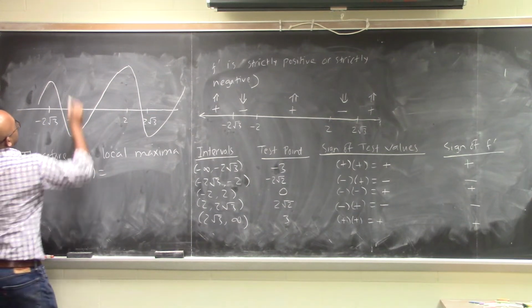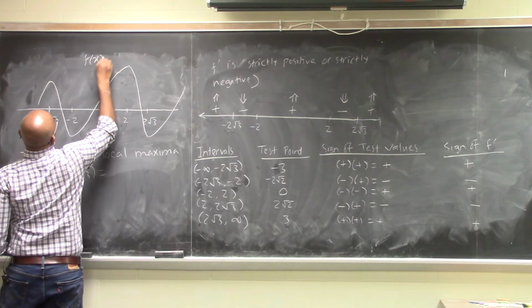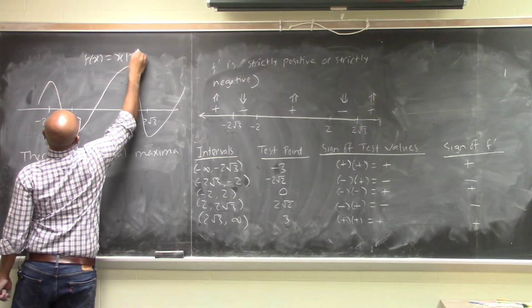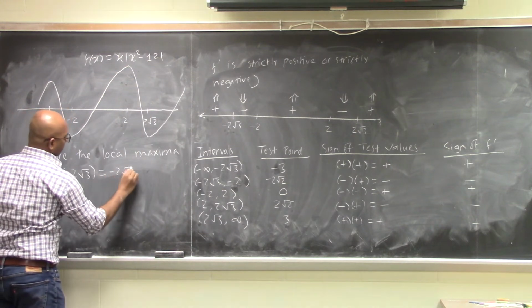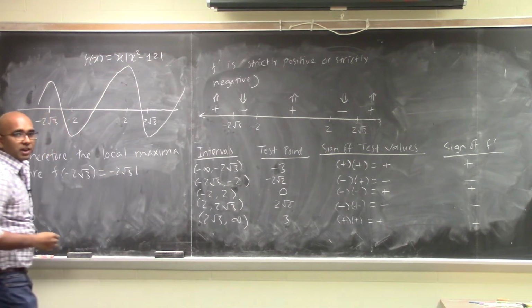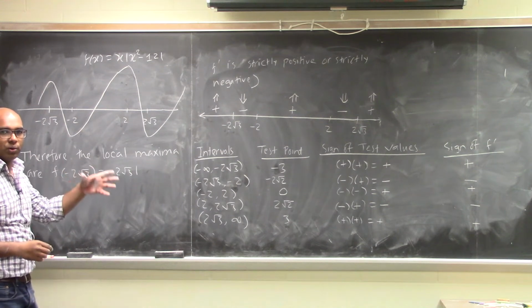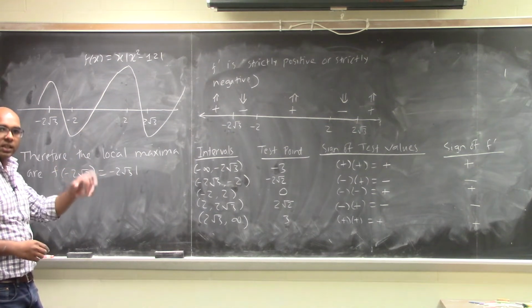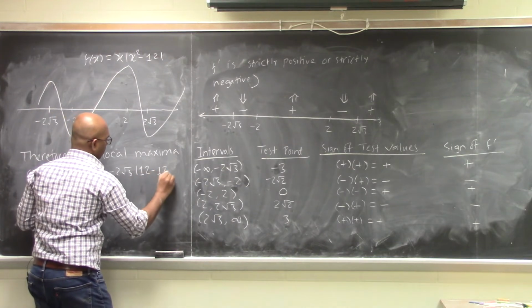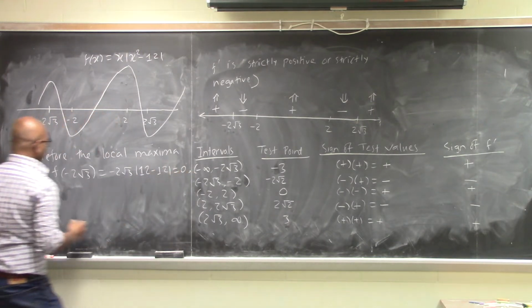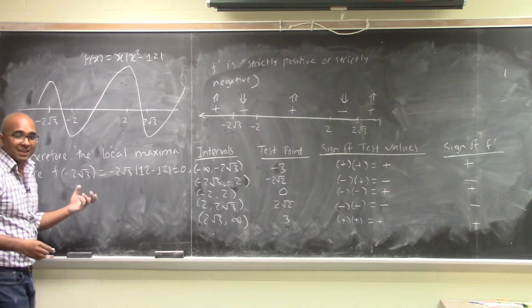Our original function was this, x times the absolute value of x squared minus 12, right? So this is negative 2 root 3 times negative 2 root 3 squared is what? 2 squared is 4, square root 3 squared is 3, 4 times 3 is 12. So this is 12 minus 12, right? Which is 0.